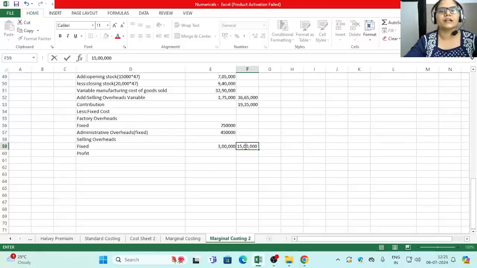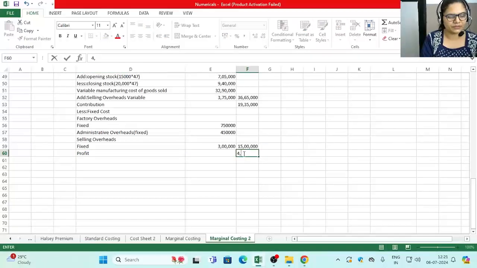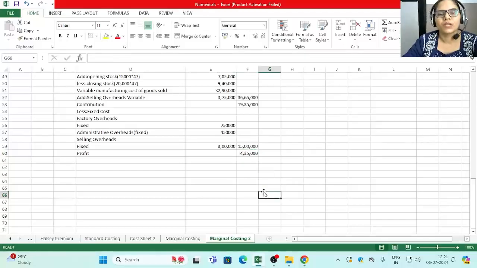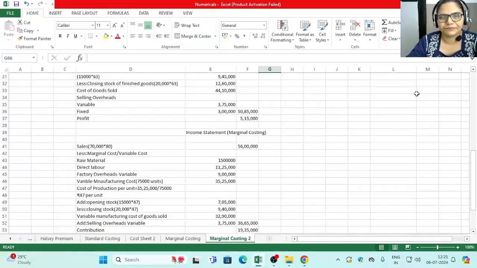And we will deduct this 15 lakh from contribution, and we will be arriving at a profit value, that is 4 lakh 35,000. Now this is a profit figure under marginal costing.